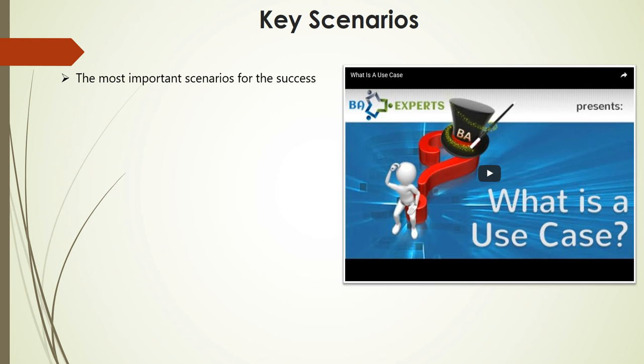Key scenarios can be defined as any scenario that meets one or more of the following criteria. The first, it represents an issue, a significant unknown area or an area of significant risk.